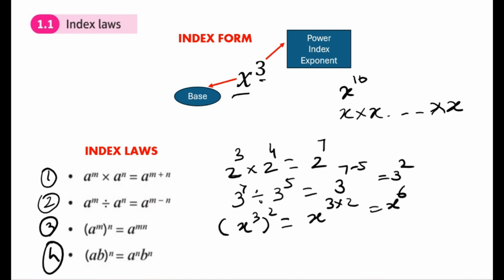If a power is common for different bases, raise each factor to the power. Basically, you can separate this power for whatever factors are inside the bracket. For example, we have 2y power 4. So I can apply this power 4 to 2 and also to y. This rule we are going to use a lot during our exercise questions.